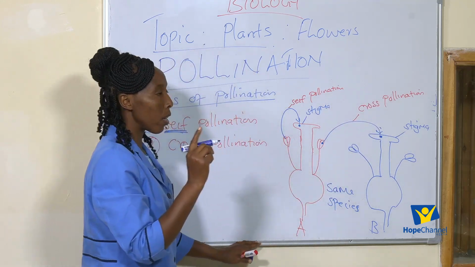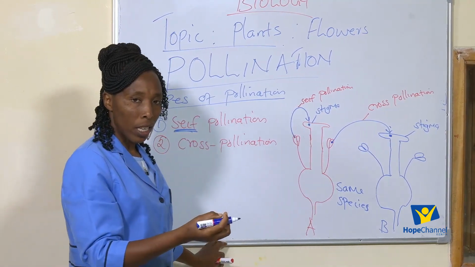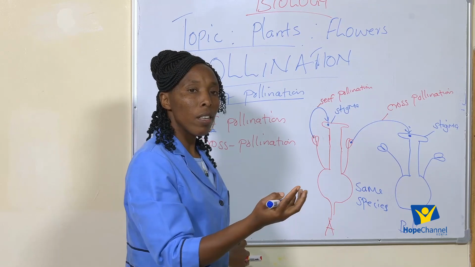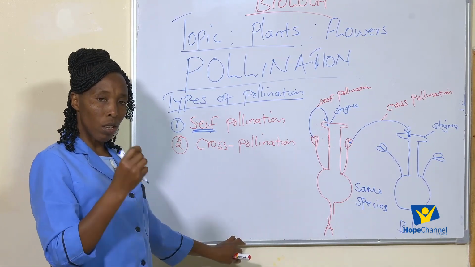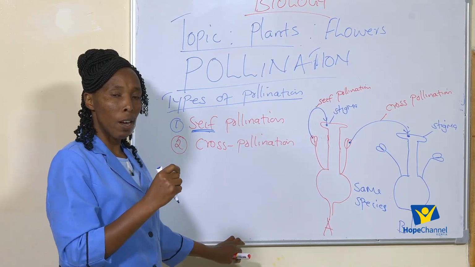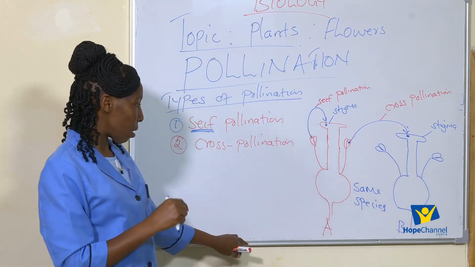But the key word in pollination: the anthers produce pollen grains and the stigma receives pollen grains. So we say pollination is the transfer of pollen grains from the anthers to the stigma of the same species.